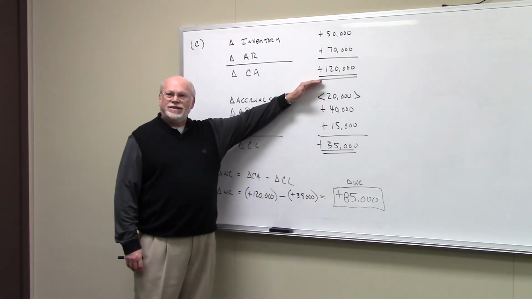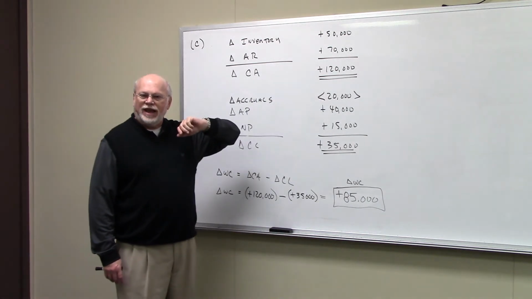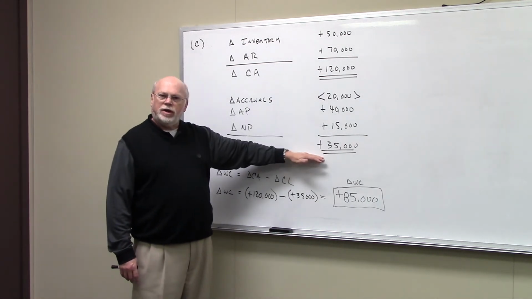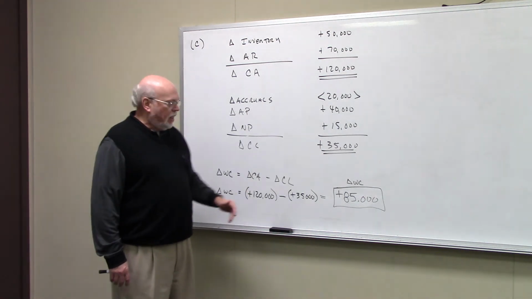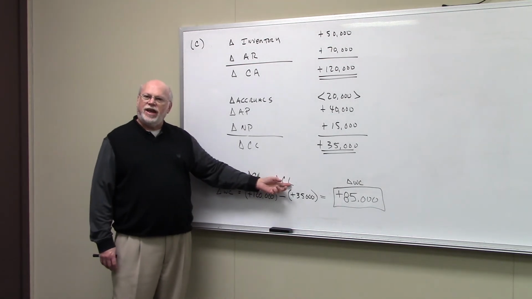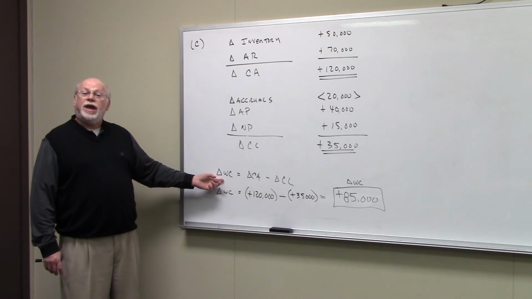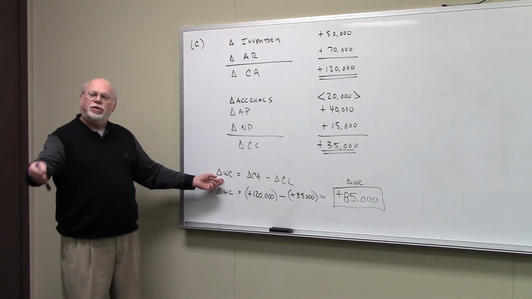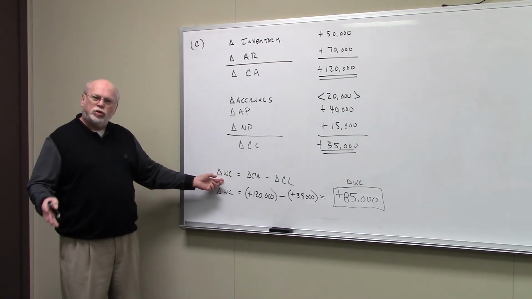Our current assets, though, are going to go up $120,000. That means we need $120,000 worth of financing, and our current liabilities are only providing $35,000. The difference between the change in current assets and the change in current liabilities is the change in working capital. And that is the amount of current assets that are going to have to be financed, not with current liabilities, but in the capital structure of the firm.